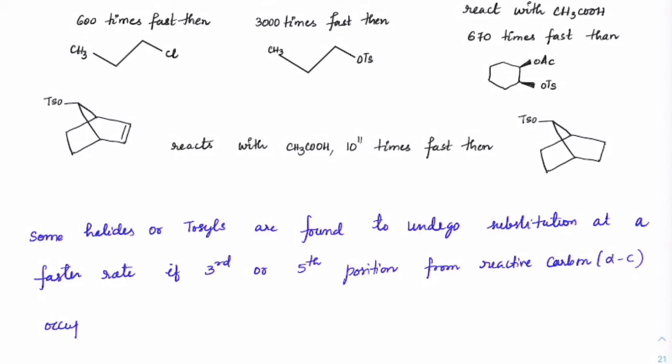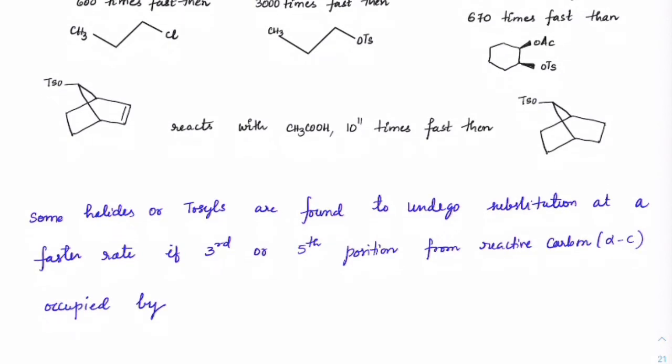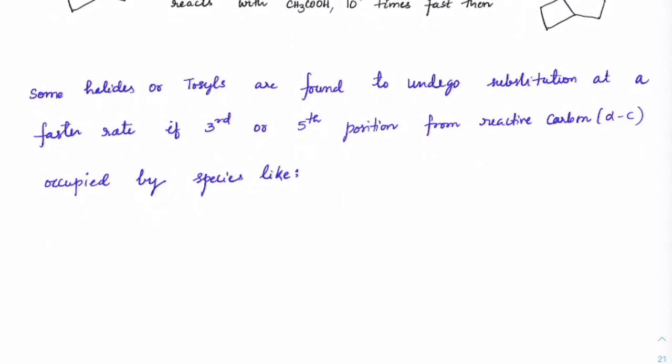That means the third position or the fifth position is occupied by species like PhS connected on that, OAc connected, and they will have lone pairs.